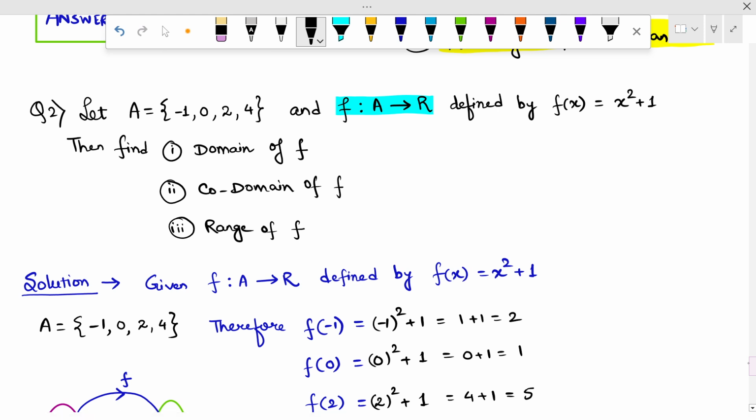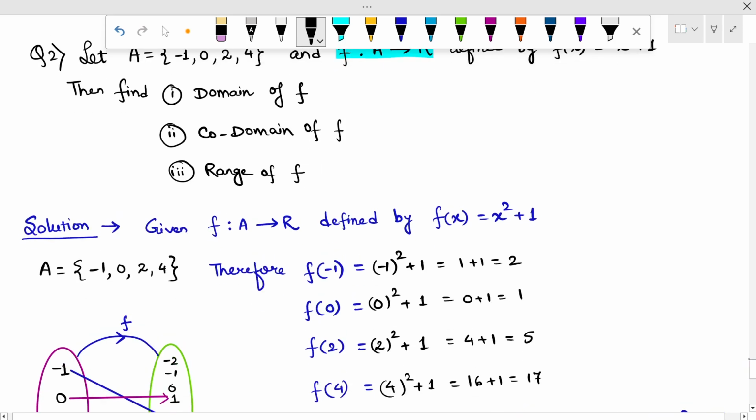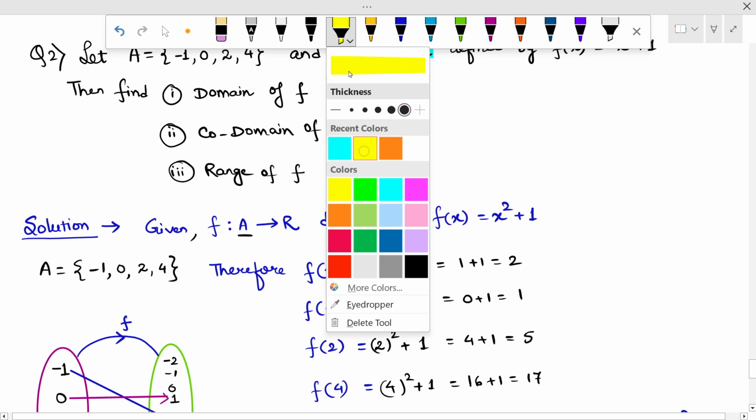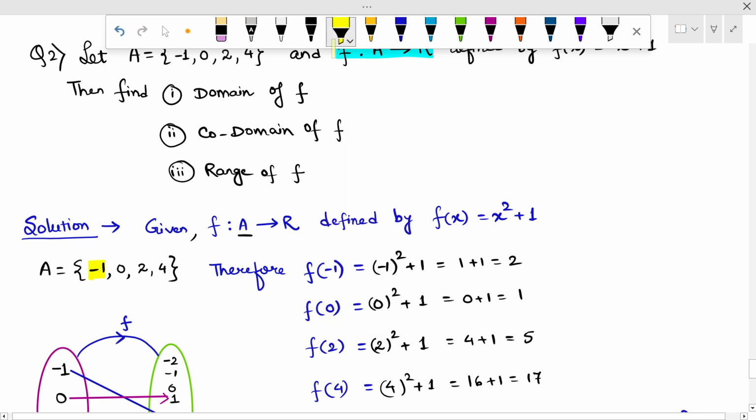So for that, given f is a function from A to R defined by f(x) equals x square plus 1. Now we can take the values of x from the set A, right? So we first take the value as -1 from here.